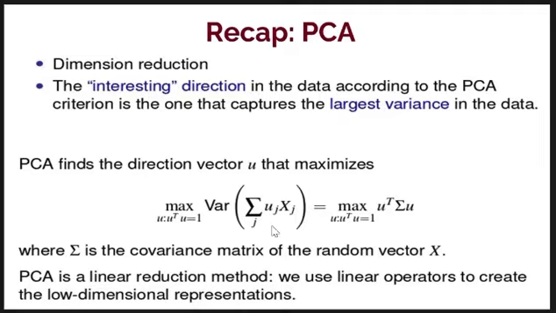Another thing is PCA is a linear reduction method. We are assuming that there's a linear combination between the artificial dimensions, the fewer dimensions that we create, and the original features. So it's also a way of projecting from the higher dimension to lower dimension, except that we're not working with a distance matrix.